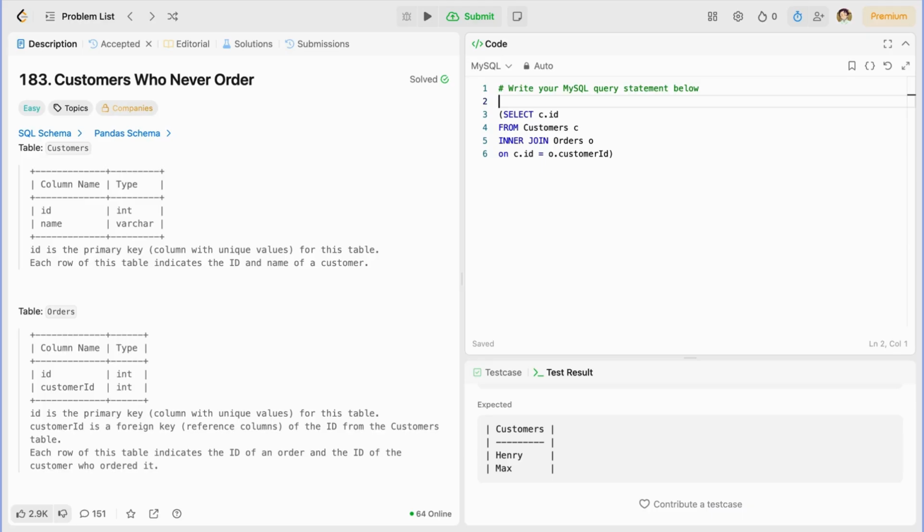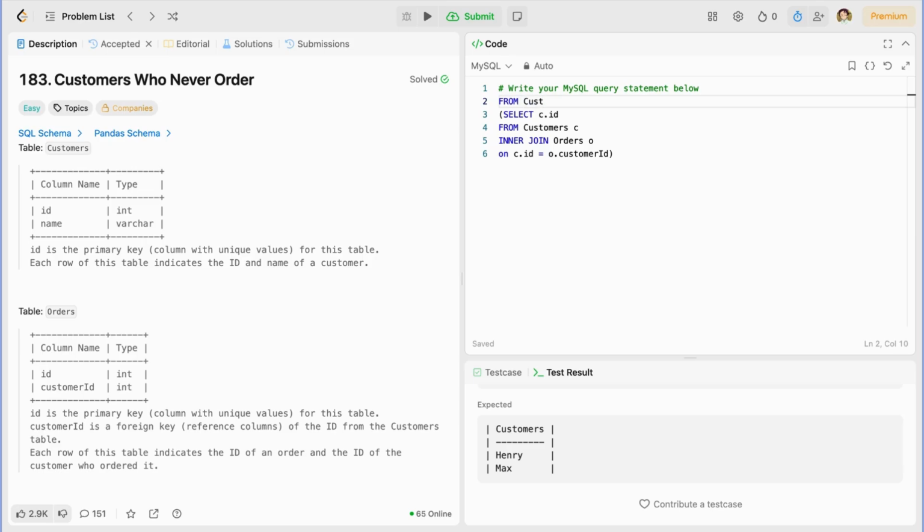The logic is the same. After performing the inner join, it will have the IDs of all the customers who have ordered, which is in contrast to what we actually require, so I'm going to filter it.